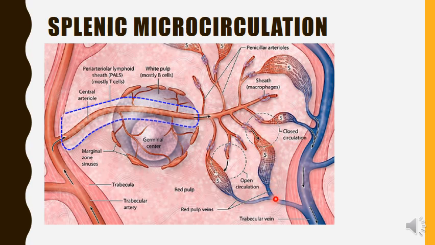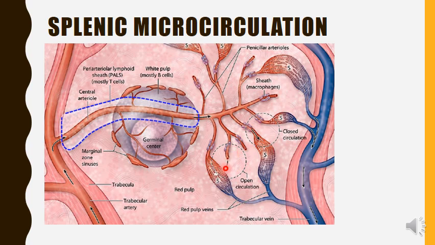The other school believes in open circulation, in which the blood is discharged first into a network of spaces in the splenic cords. So blood is directly discharged into these spaces first, before entering the sinusoids.